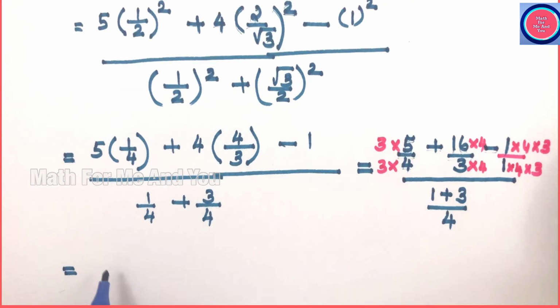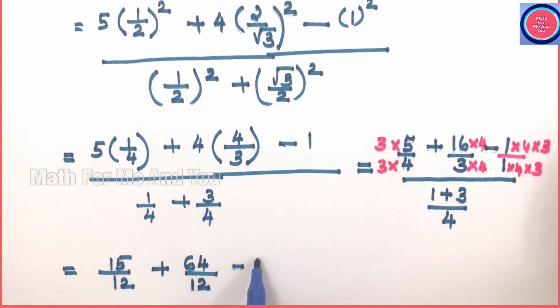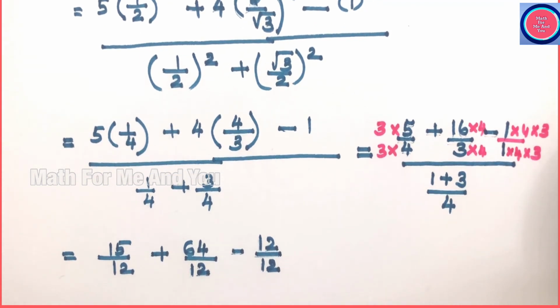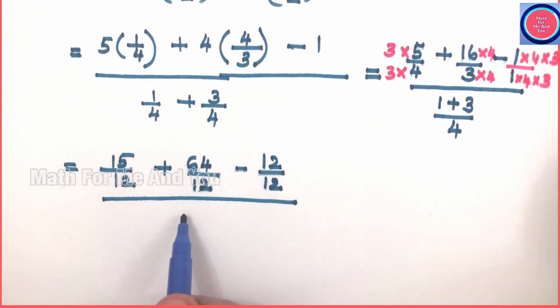Now we can simplify. 3 times 5, 15/12. Second term, 16 times 4, it is 64/12, minus 12/12. All divided by (1 plus 3) is 4, 4/4 is 1. So we can write all divided by 1.